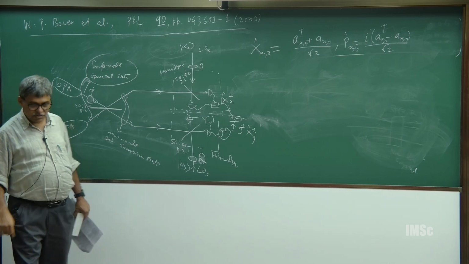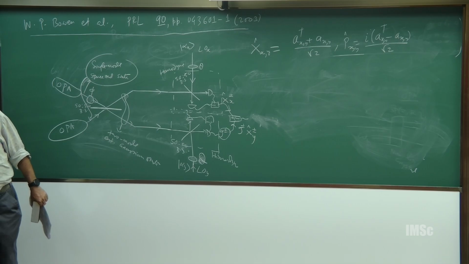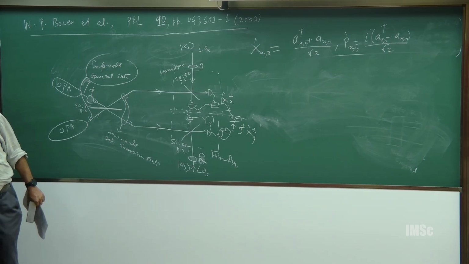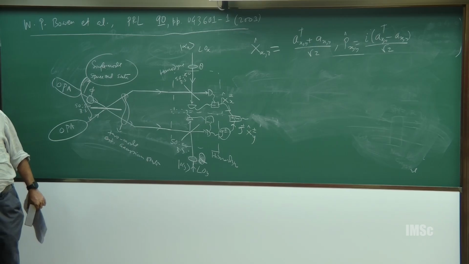Excuse me, sir. Actually, by changing phi, for producing a two-mode squeezed vacuum state, you need to have the squeezing in different quadratures, Q and T. By changing phi, you can change the squeezing direction. If you make them both squeezed in the Q direction or the T direction, then the output will not be squeezed.